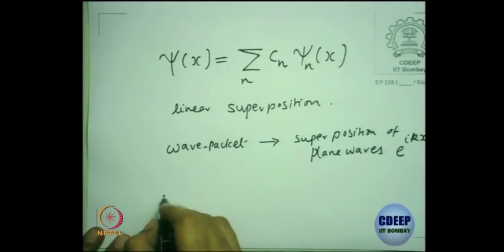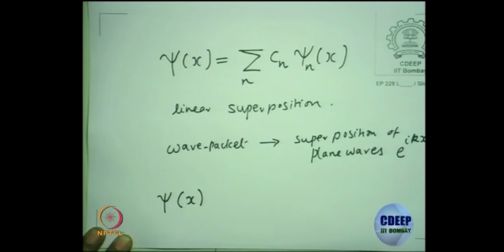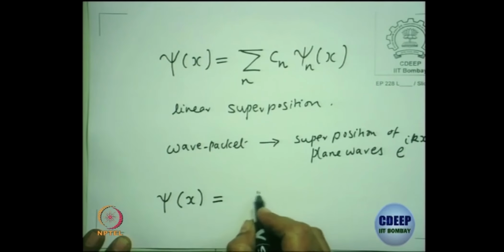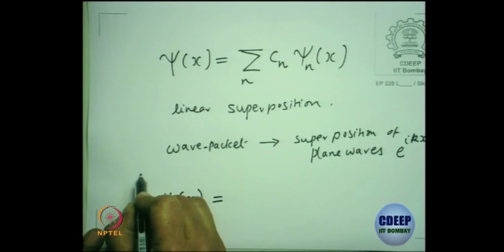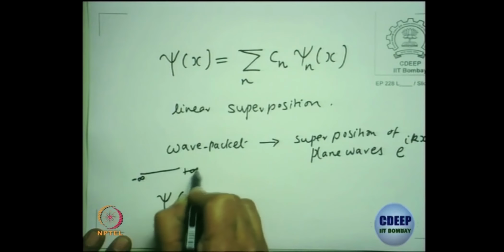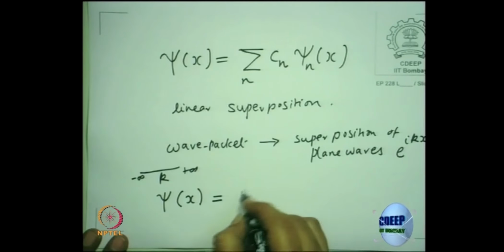How do I write that? Psi of x, I could write it as, I could take a summation if their k's are distinct, but if the k is continuous going from minus infinity to plus infinity, how do I write this?